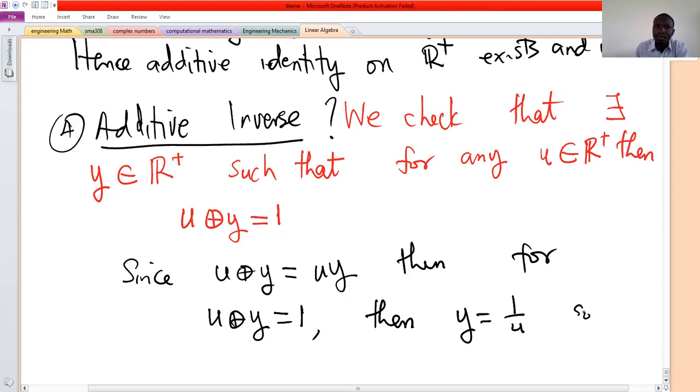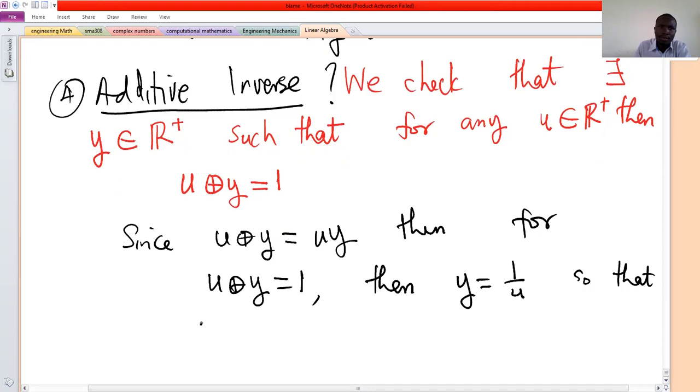So that if I say u plus 1 over u, by definition it will be u multiplied by 1 over u, which is 1.